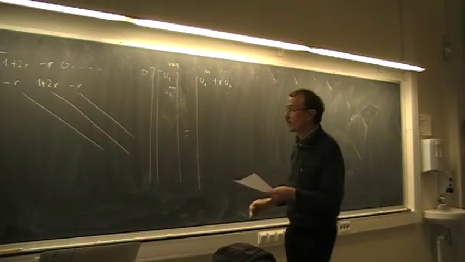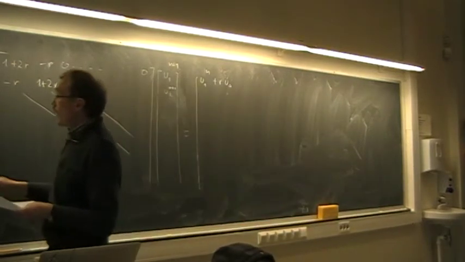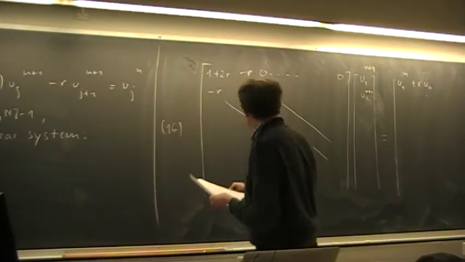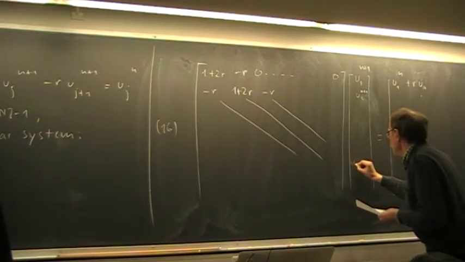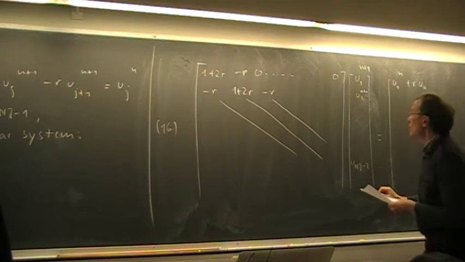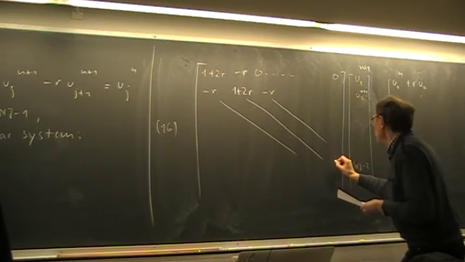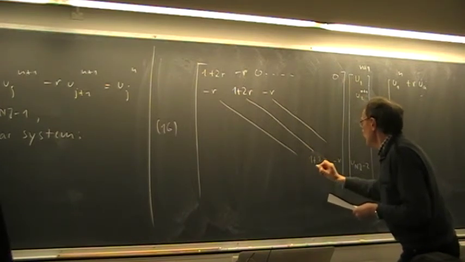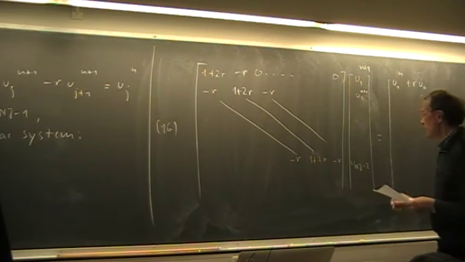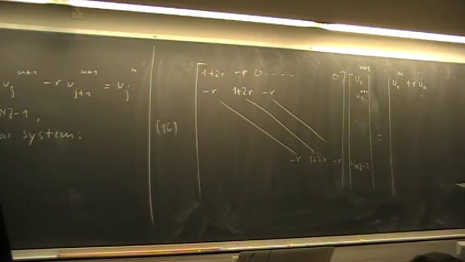So we get that down to nj minus 2. Then we will have a minus r in the off diagonal, 1 plus 2r in the diagonal, and minus r in the lower subdiagonal.